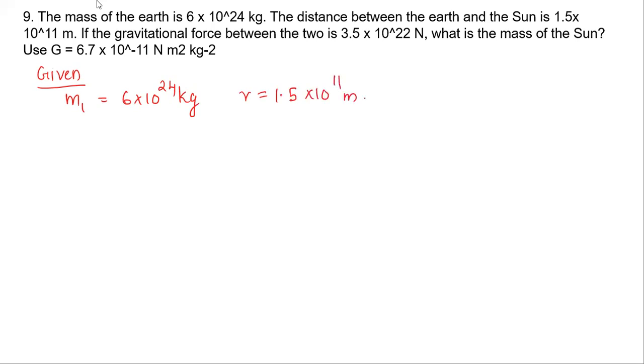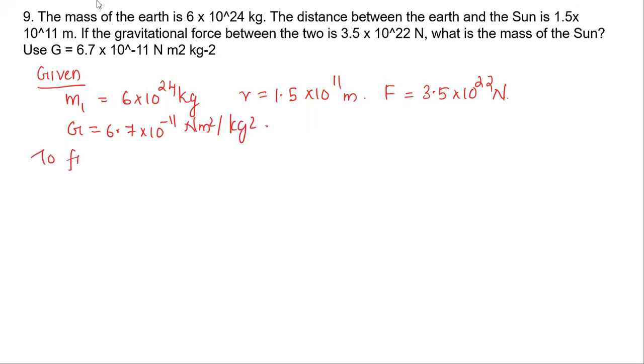Okay. Gravitational force, that is F, is given 3.5 into 10 raised to 22 Newton. G value is given 6.7 into 10 raised to minus 11 Newton meter square per kilogram square. Okay. We want to find out mass of Sun, that is M2.